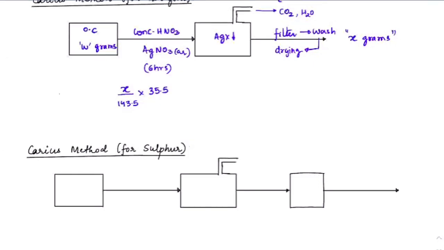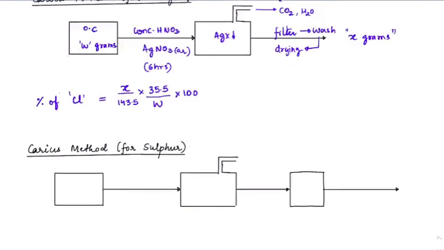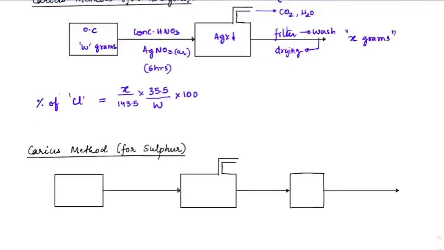This weight divided by the original weight of the organic compound will give the fraction of chlorine, and multiplied by 100 will give the percentage of chlorine. So the percentage of chlorine present will be equal to this. I guess you understood, everyone. You must have done this in stoichiometry, not with this entire setup, but you may have used only the data and calculated.